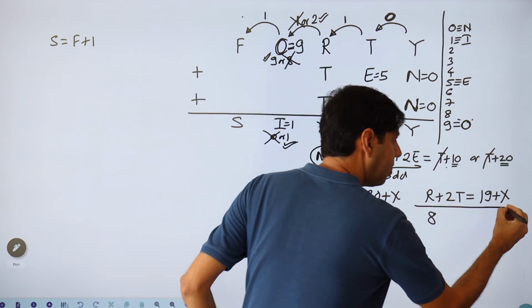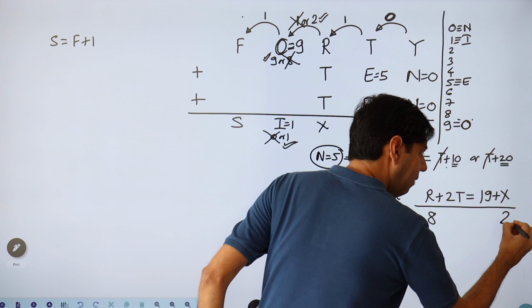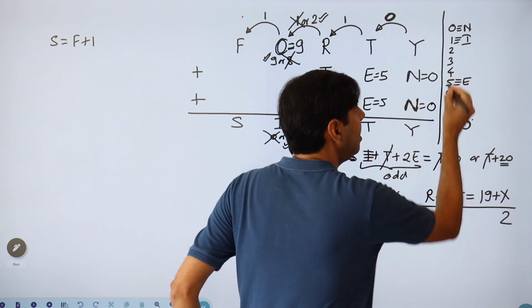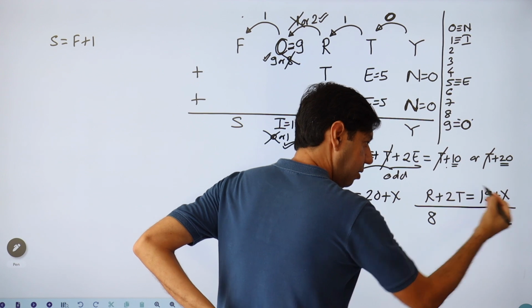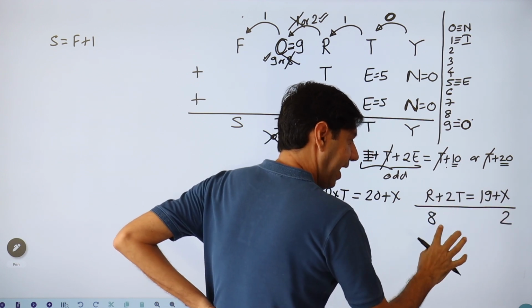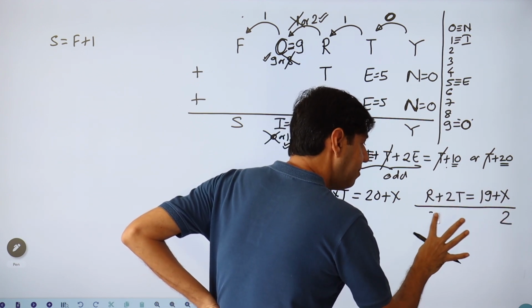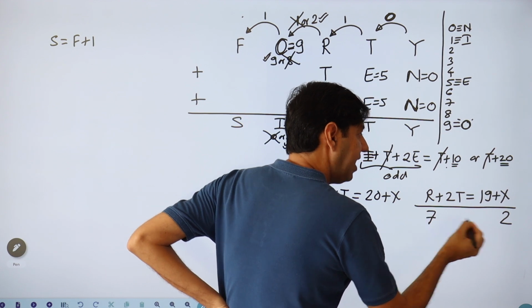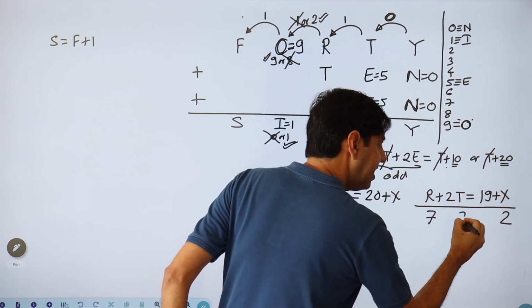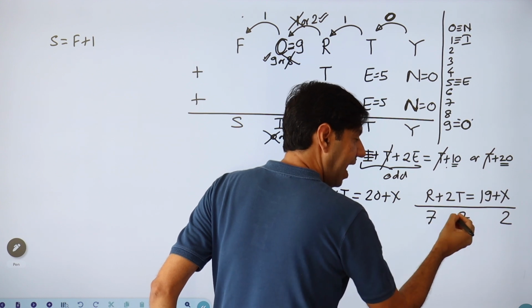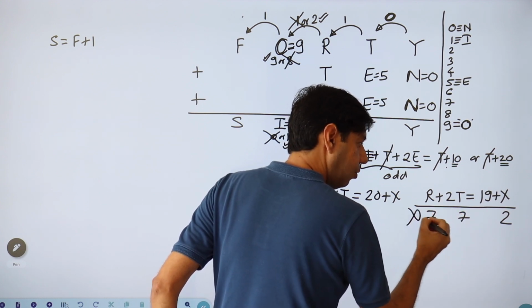So go in some order. My order is being formed while I speak. So let me take the least value of X, that is 2. So this becomes 21. This can't be 8, right? So this can be 7. And if this is 7, 21 minus 7, 14, then T is also 7. But you can't have this. So the 7 also won't work.